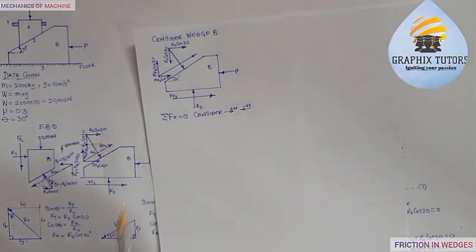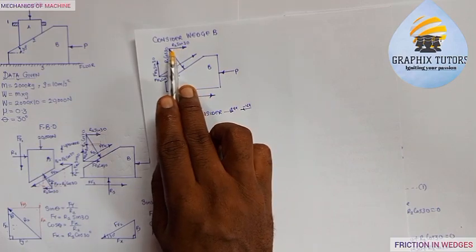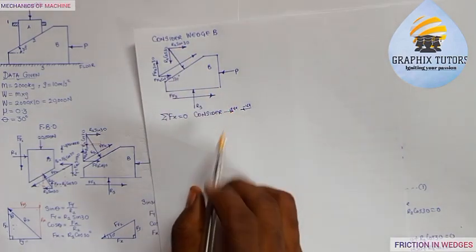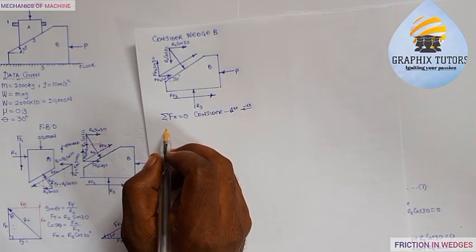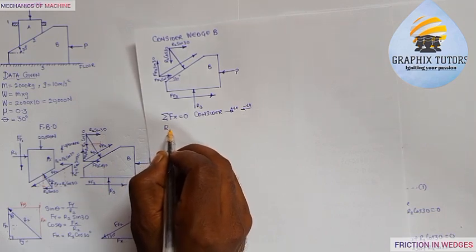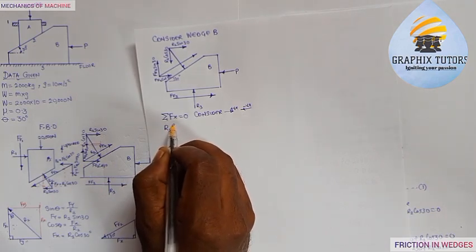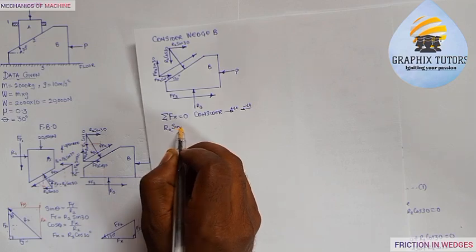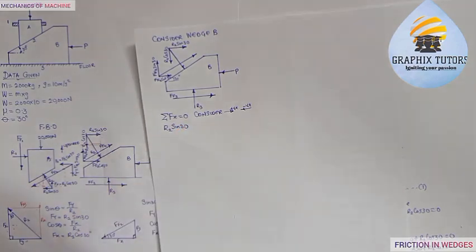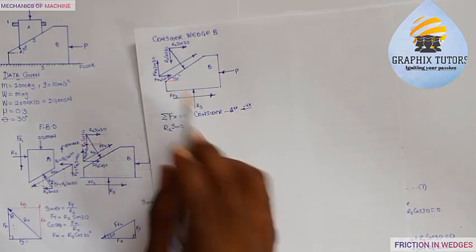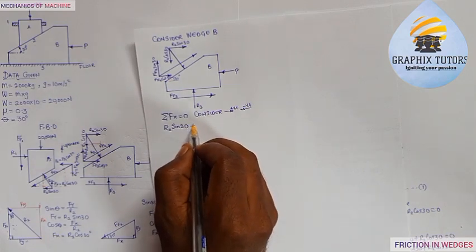For Fx, any force lying down, R2 is lying down, that is facing forward and is positive. So we're going to be having R2 sine 30. This is also lying down, that is plus, is facing forward.